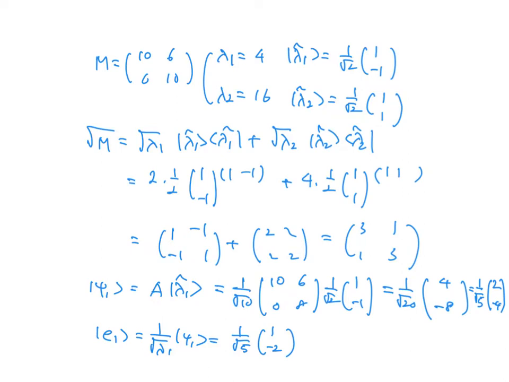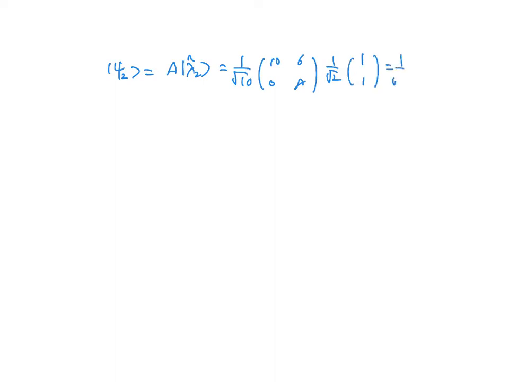For E2, psi 2 is A times lambda 2 tilde, 1 over square root of 20 times (10, 0, 6, 8) acting on (1, 1).